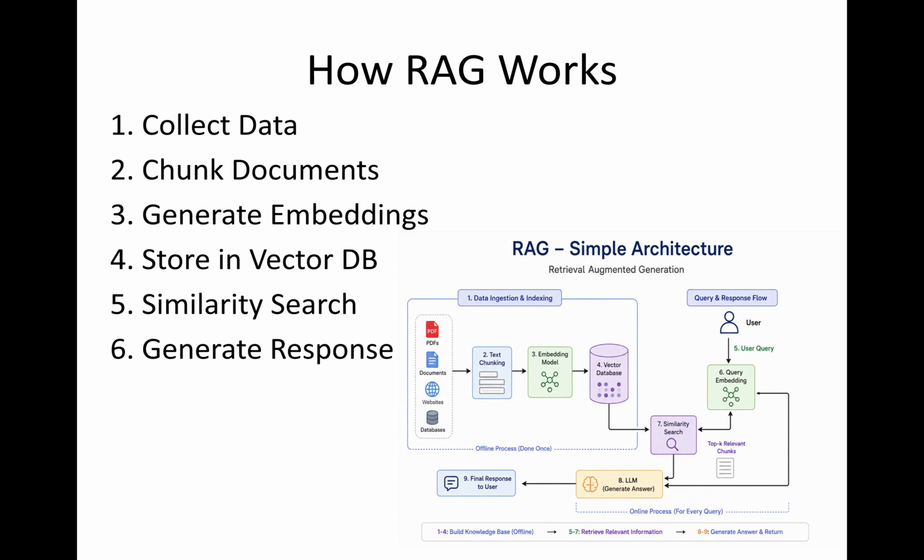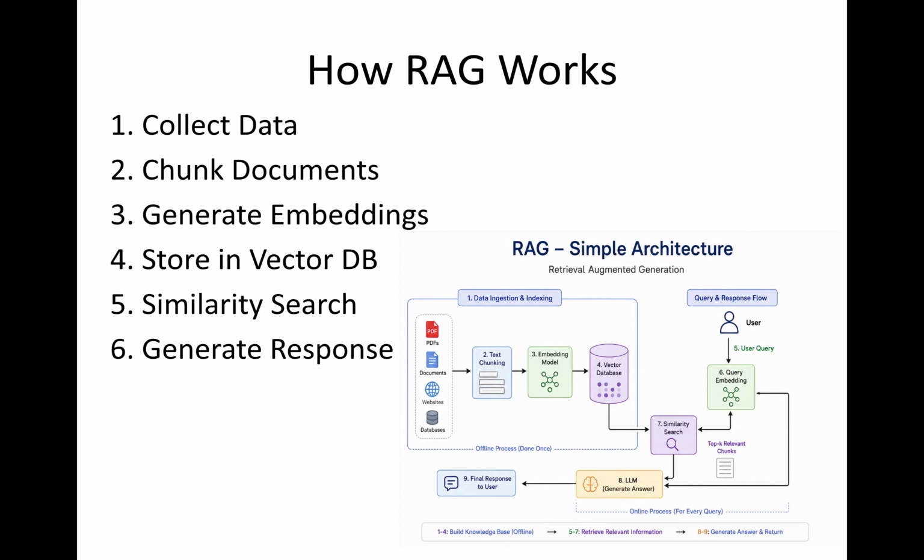Third is generate embeddings. In this step, each chunk is converted into vectors by using embedding models. Fourth, it stores the vectors in vector databases, such as ChromaDB, Pinecone, FAISS, Weaviate.